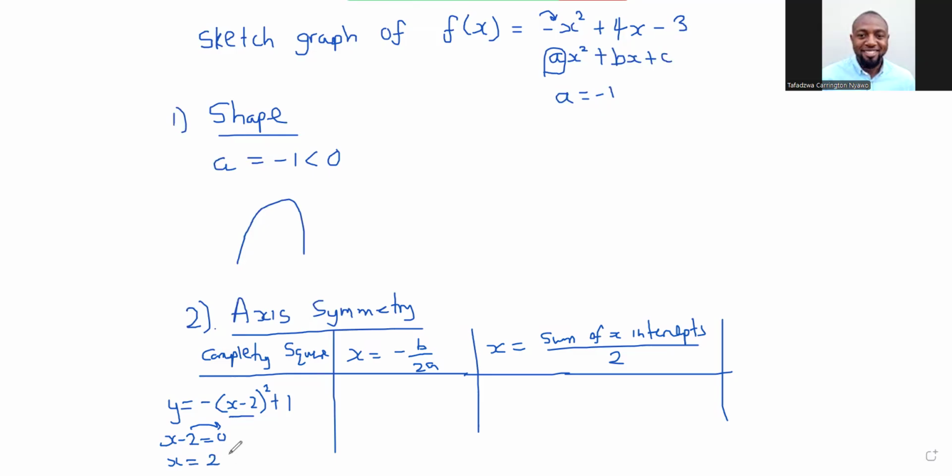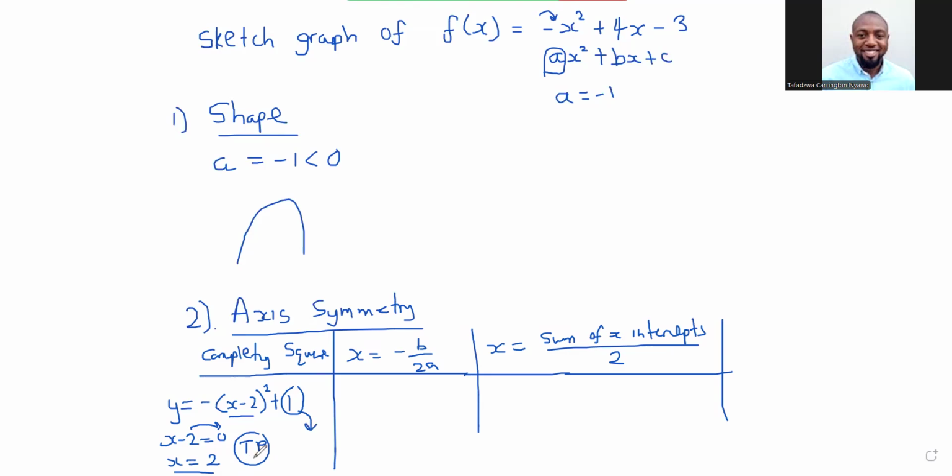And this also happens to be the x value of the turning point. This x equals 2 is going to be my x value of the turning point, and this one right here is my y value.